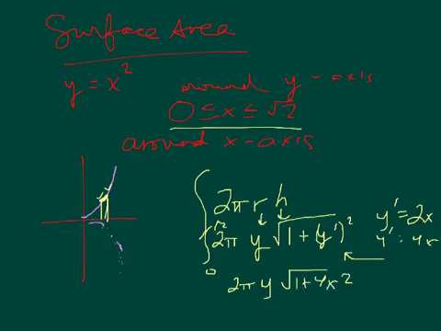So the nice thing is you're going to set it up like that and use your picture. That's going to help you figure out what your radius is and what your height is. First, look at your boundaries too. If your boundaries are in terms of x's, that means you want your function in terms of x's.